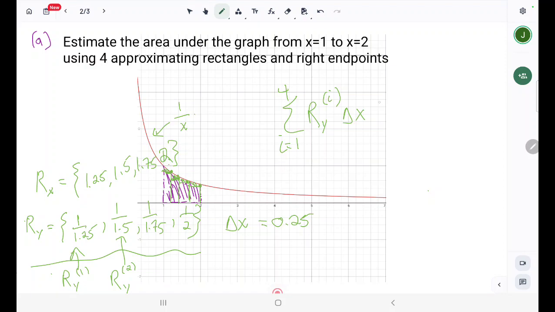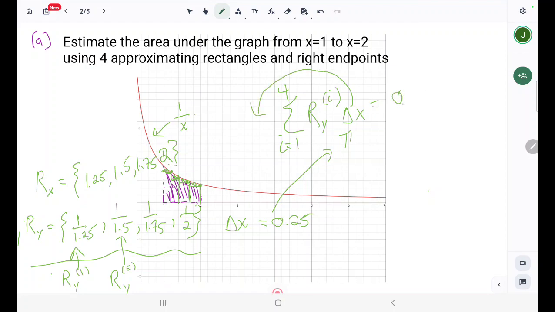So if I do the sum, recall that delta x is 0.25 here, and this 0.25 multiplies all of the terms. So we're actually allowed to pull this onto the outside.